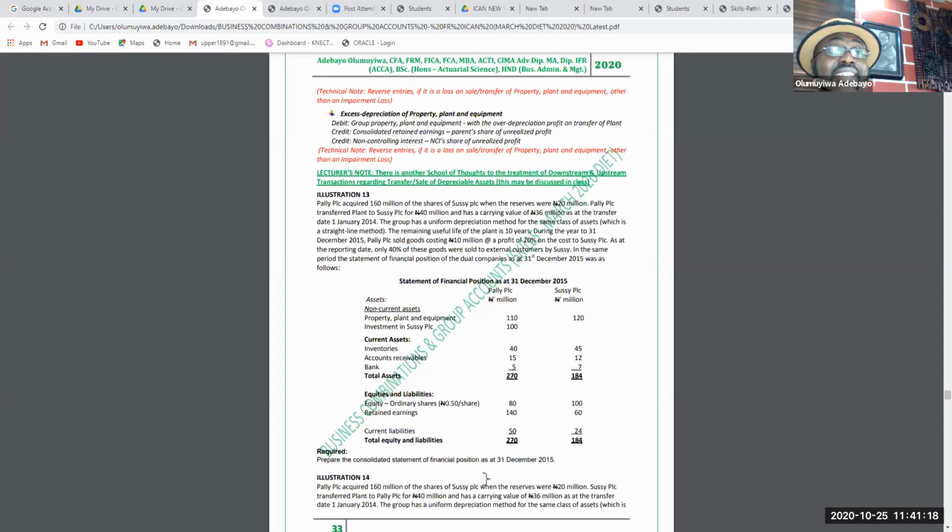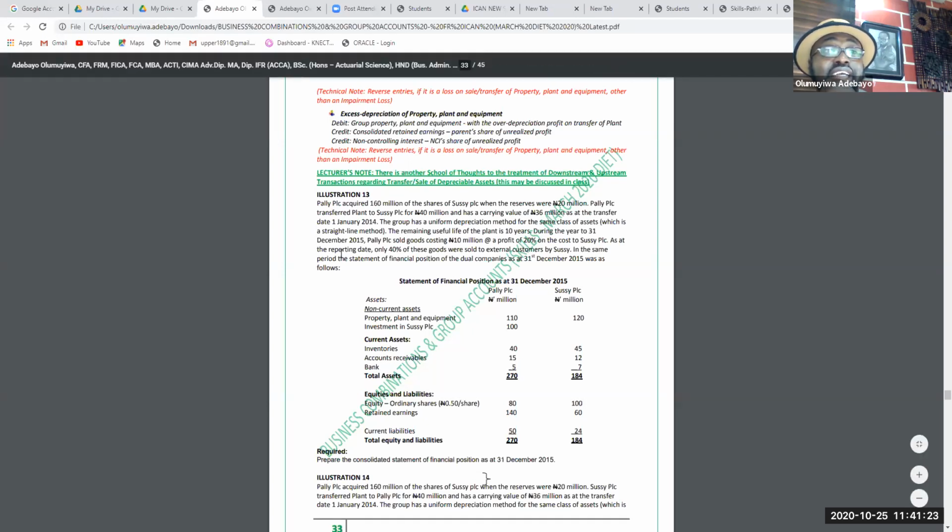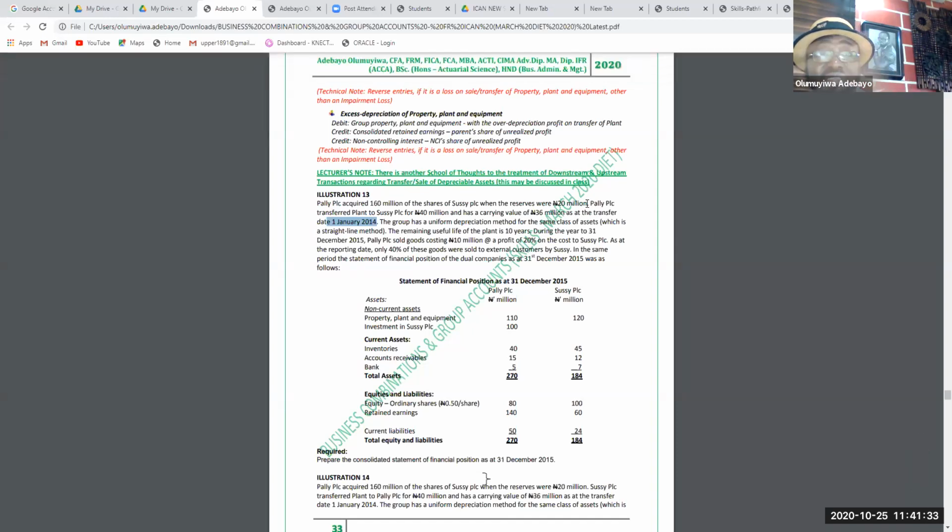If you come here, we're told that as of 1st of January 2014, that was 2 years to this time. You have to count it from January 2014 to 31st December 2015. That's exactly 2 years. Pali transferred plant to Suzy for 40 million. That means it disposed of it for 40 million.